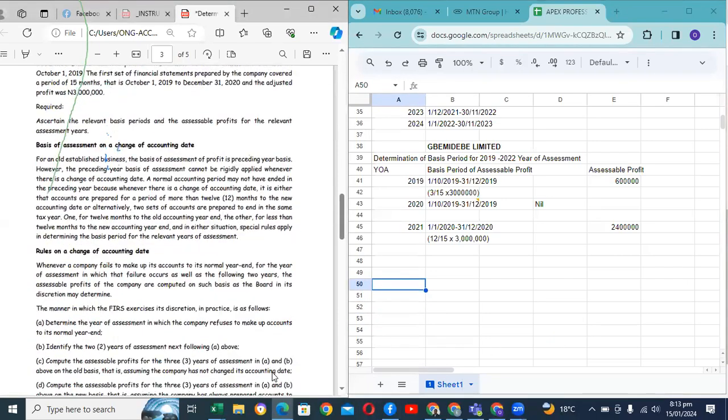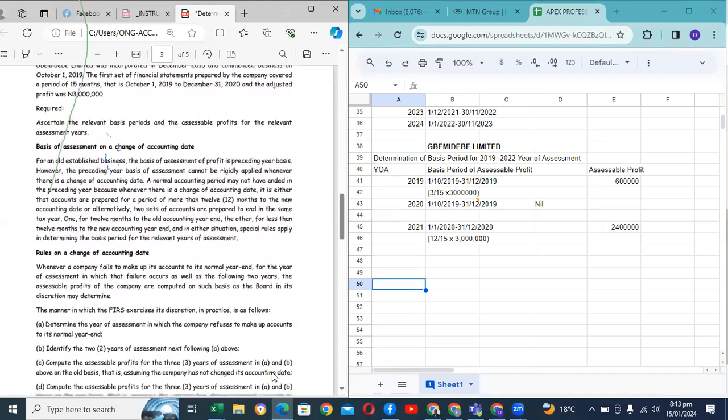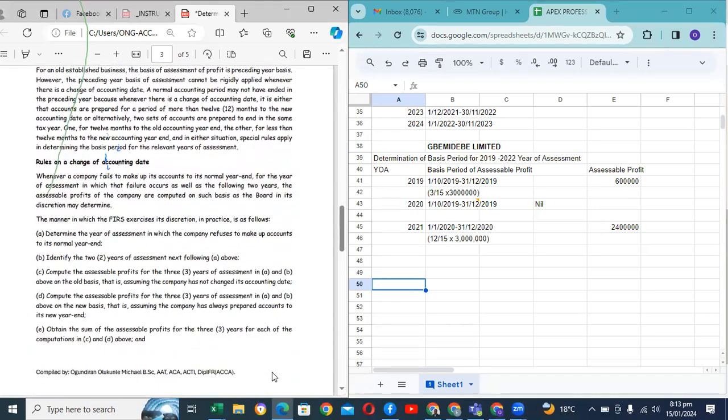Our major issue here is not the definition. Our major issue is how you determine the basis period in the case where there are changes in accounting date. There are 6 major rules you must follow.